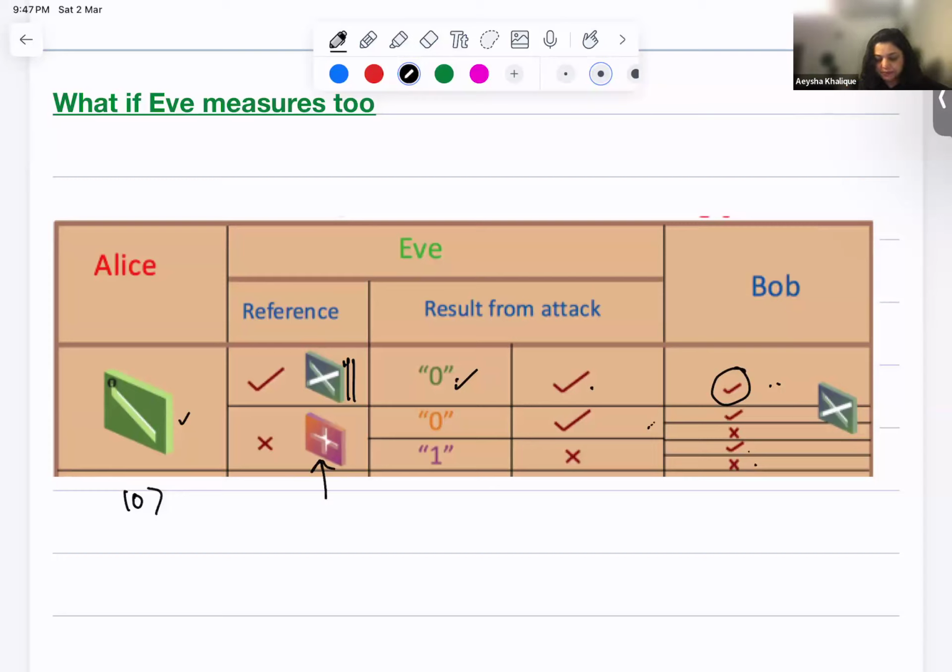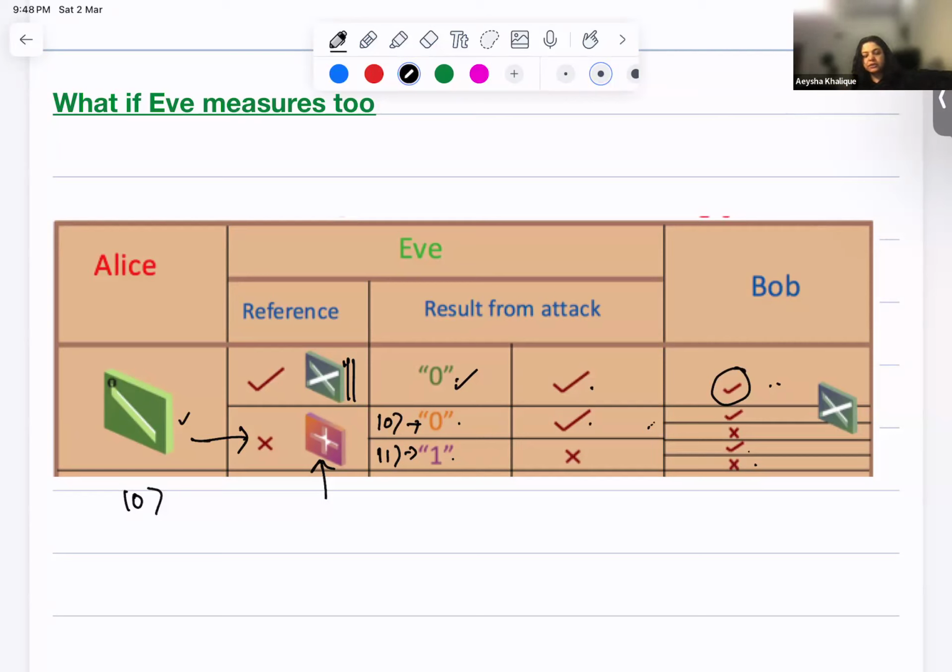In this case, she again has two choices, right? She can record a bit value. Since she is not using the same basis as the preparation one, she has a 50% chance of getting the bit value 0 and a 50% chance of getting the bit value 1. So she will definitely measure the state 0 or state 1, but the bit value she records may or may not match. When she records the bit value 0, her bit value is correct, and she sends the state to Bob.